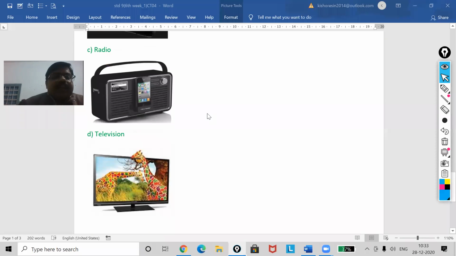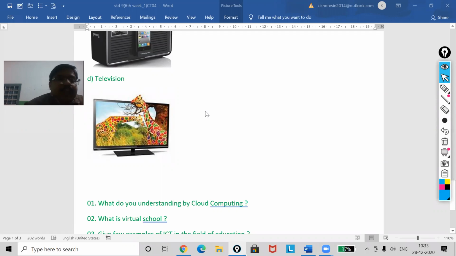Now, the next one is the television. See, students, the television is also a device, and it is used to transmit information in the form of moving images along with sound. That means here you have audio as well as video. Television lessons are used as supplements with visuals in which they teach some topics.